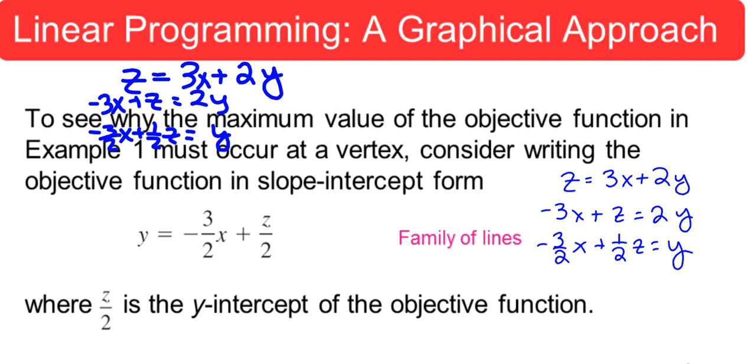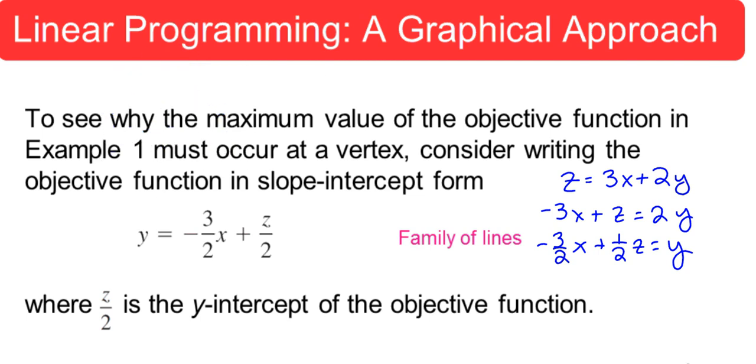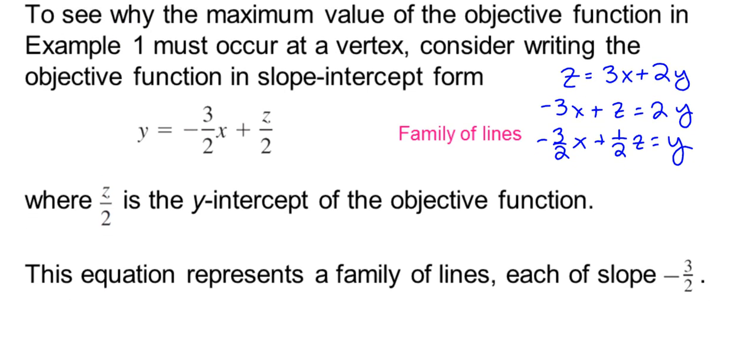So that's how they're getting that equation there. That's maybe a little clearer than this one. They just jumped in and said that. And that's a family of lines. Z over 2 is the y-intercept, and the slope is negative 3 halves.